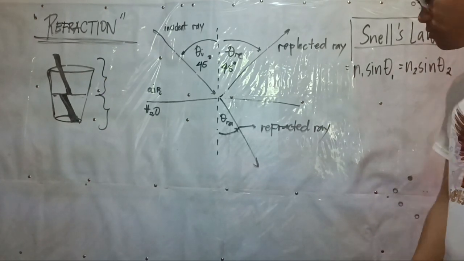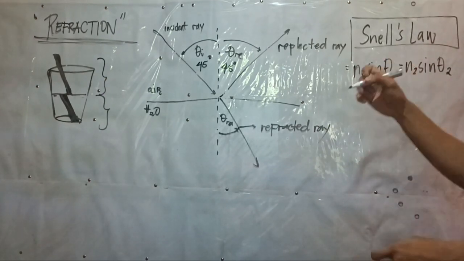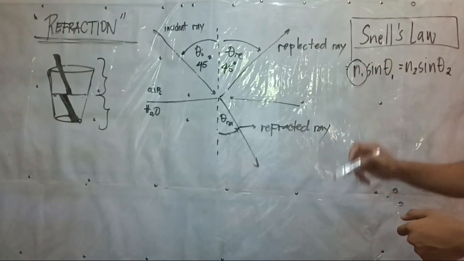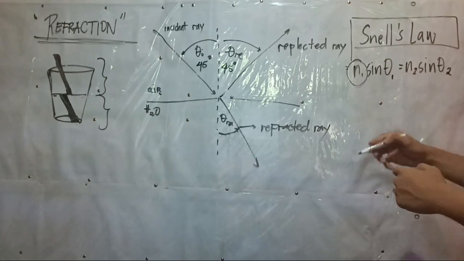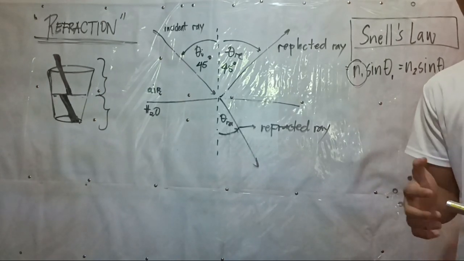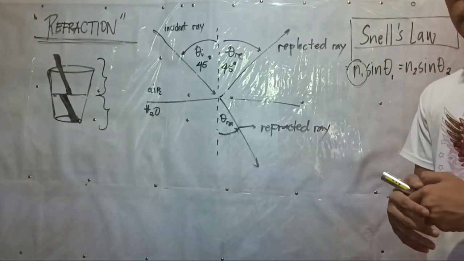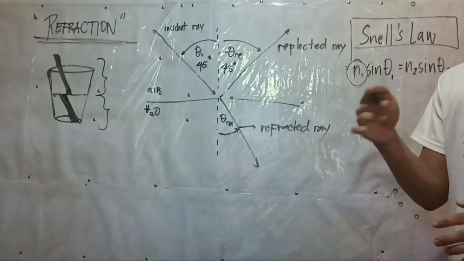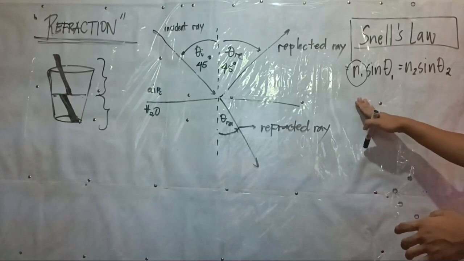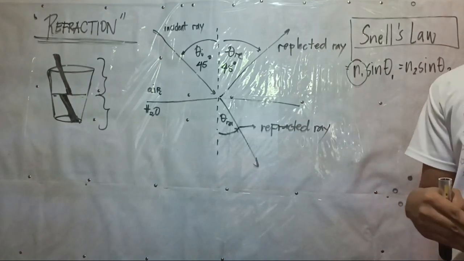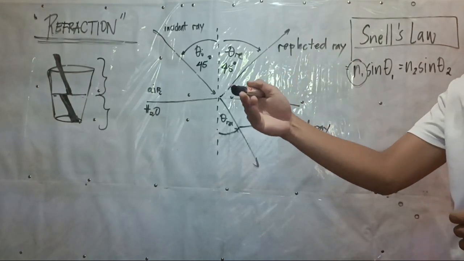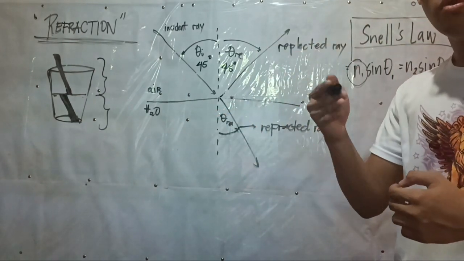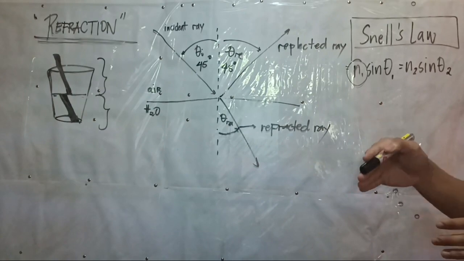So we're going to discuss what N1 is. N1 is the index of refraction. It is a constant, so it will be given to you. The index of refraction is the ratio of the speed of light in a vacuum to the speed of light in a certain medium.